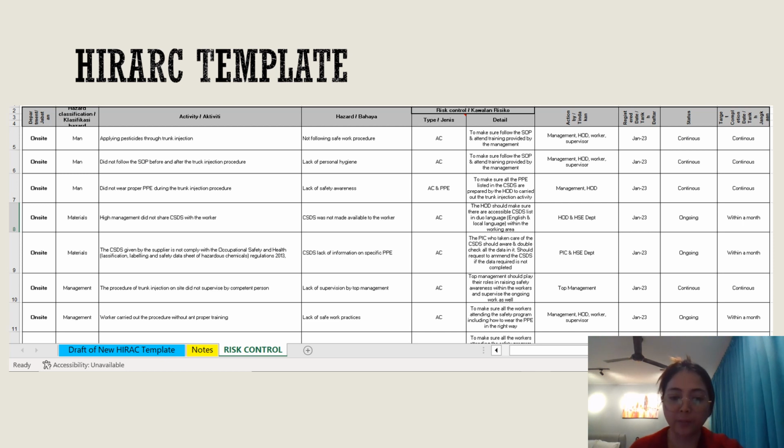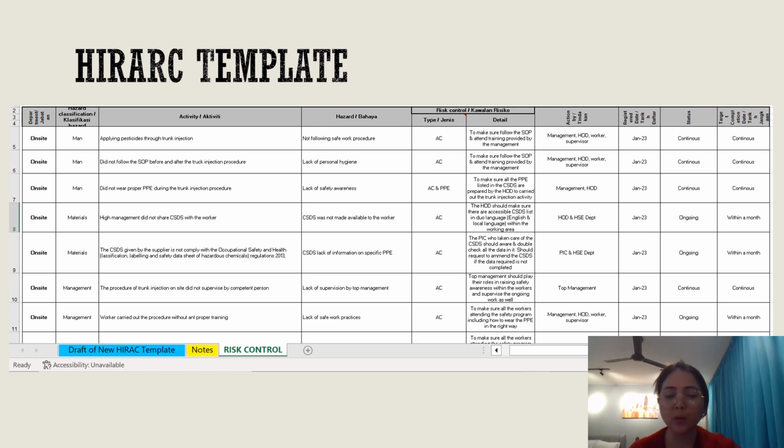From that, we classify the type of risk control that we are going to apply to control the risk and hazard, which is AC. What is AC? AC stands for administrative control. On the right side we have the details, which is to make sure all our workers follow the SOP and attend the training provided by the management.